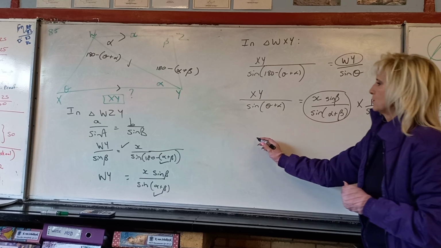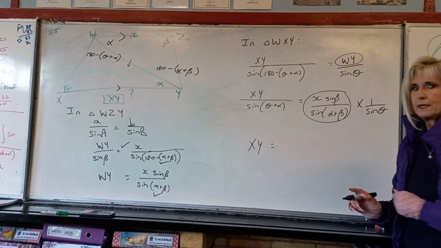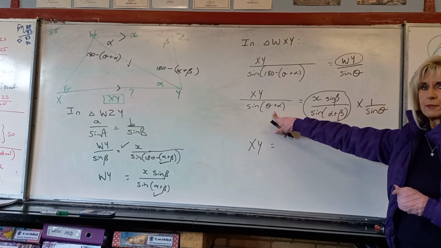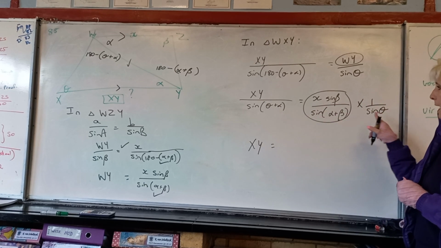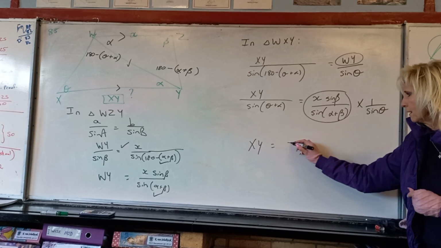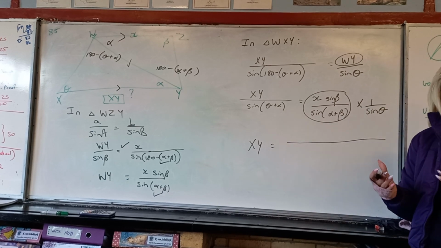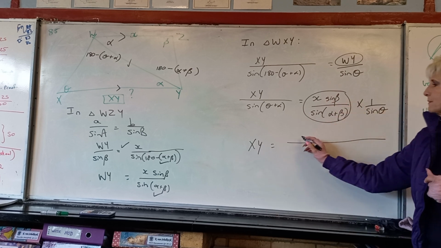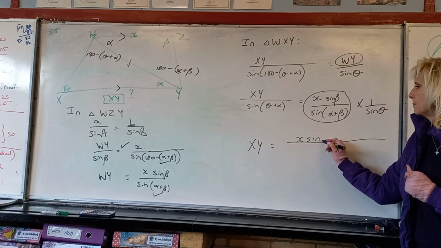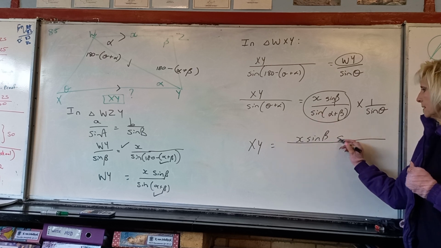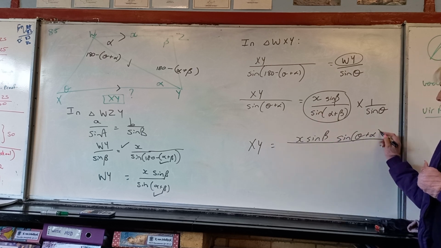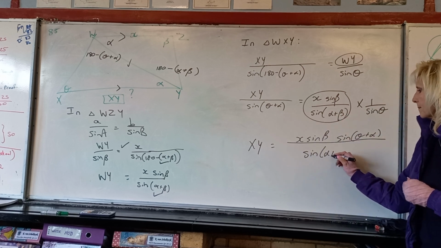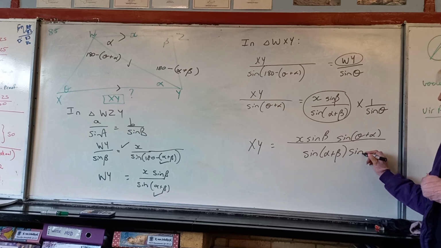There's one step left to get to XY, and that is to multiply by sin. So that sin(theta plus alpha) must be somewhere at the top. And I'd rather want it to be one big fraction because that's more simplified than having two fractions. Not really, but okay. So what do I have left at the top? X sin beta and that sin(theta plus alpha), and at the bottom I'm just writing them next to each other: sin and the bracket, and sin theta.